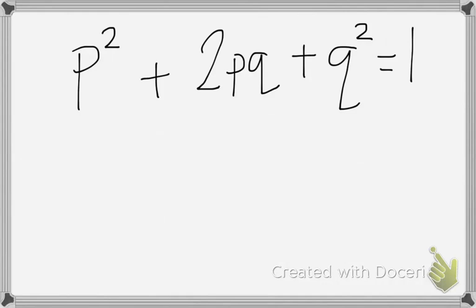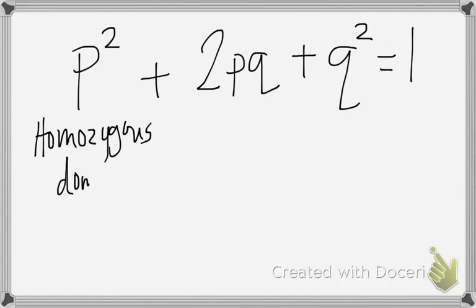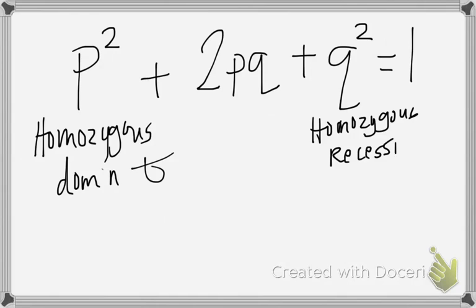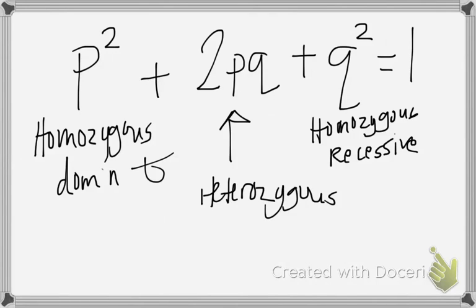Make sure you write in: this is homozygous dominant, plus homozygous recessive, and this one is heterozygous. The reason it's 2PQ is because there could be big A, little a, or little a, big A. So there's two of those. Or it could be PQ or QP.